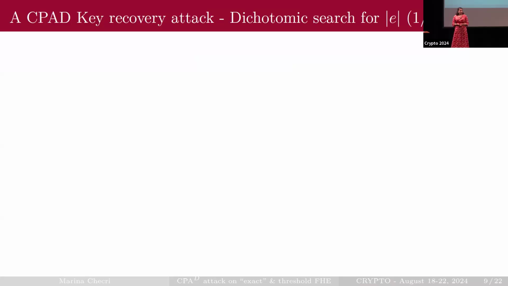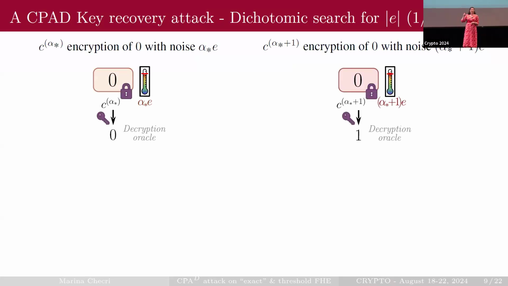Starting from an encryption of 0 with unknown noise E, we wish to generate two encryptions of 0 with noises alpha star E and alpha star plus 1 E, which will respectively decrypt correctly to 0 and erroneously to 1.